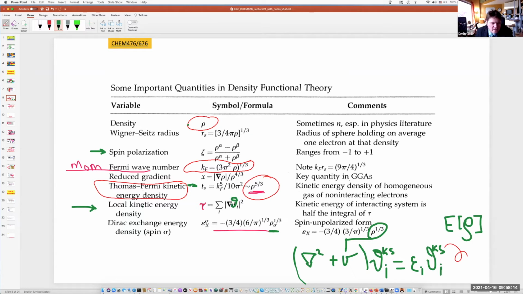So why is it local? Because the gradient here is not a functional derivative, it is a regular derivative: d/dx, d/dy, d/dz, right? So it is a vector of derivatives, and this gradient computes the derivative of the orbital.